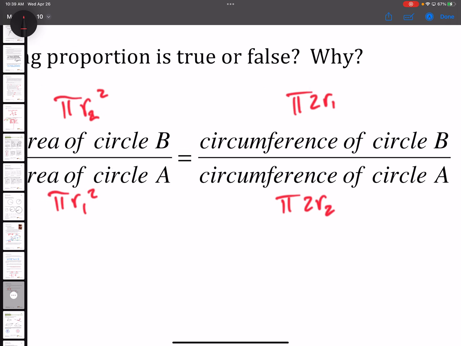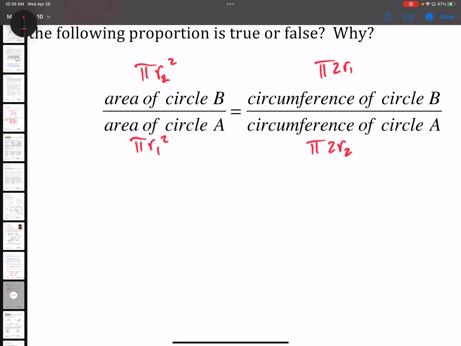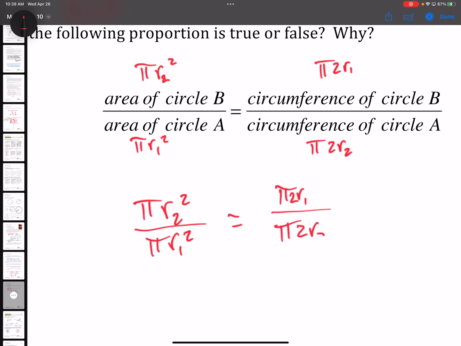Let's see if we can cancel those things out. Pi r2 squared divided by pi r1 squared is equal to pi 2r1, my bad, divided by pi 2r2. Crap, I said that upside down. Pi 2r2 divided by pi 2r1. There we go.